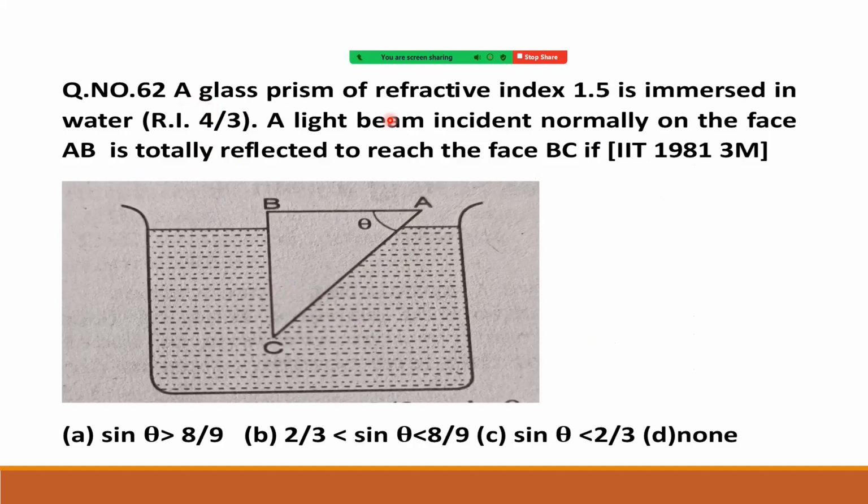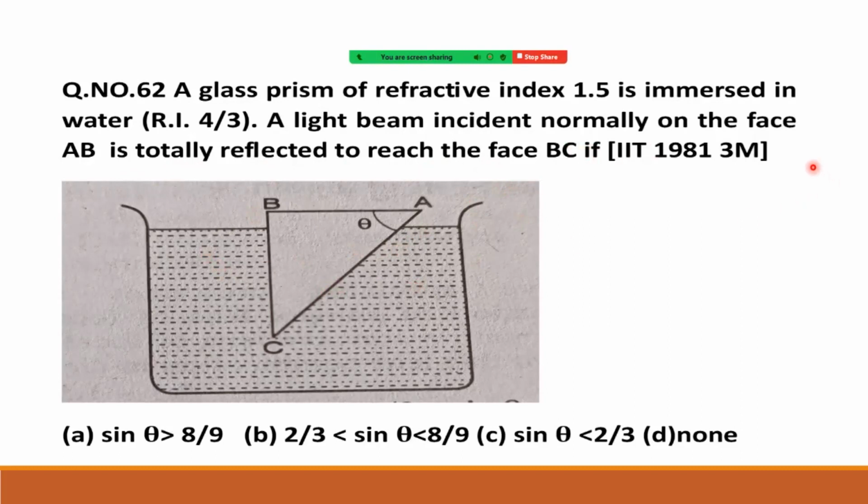A glass prism of refractive index 1.5 is immersed in water, whose refractive index is 4 by 3. A light beam incident normally on the face AB is totally reflected to reach the face BC if.